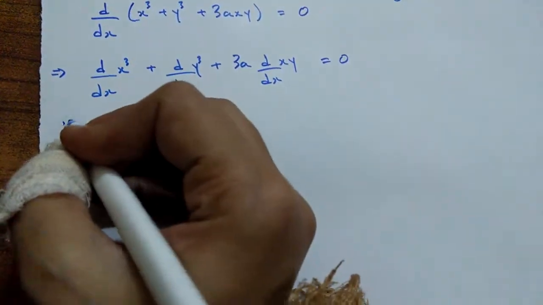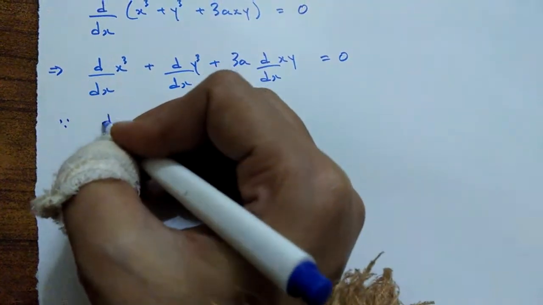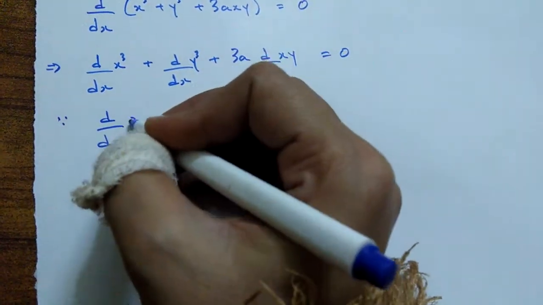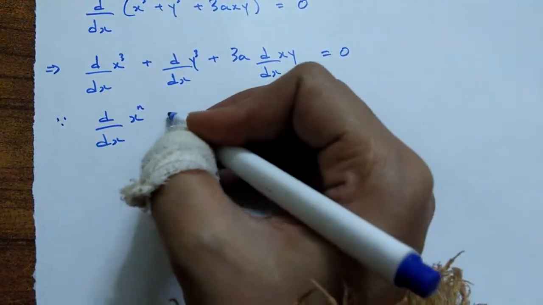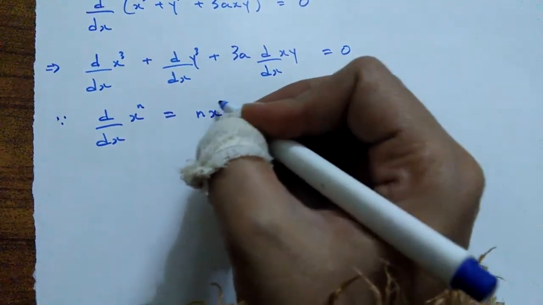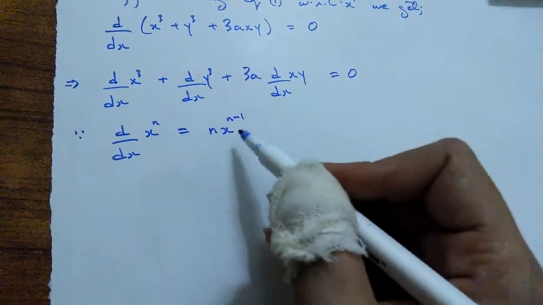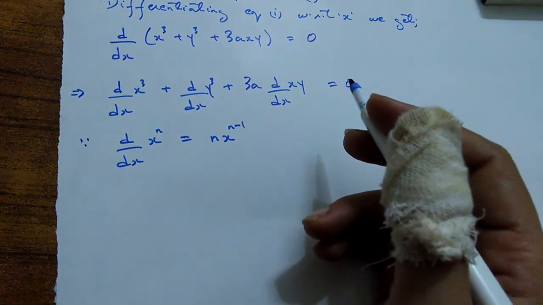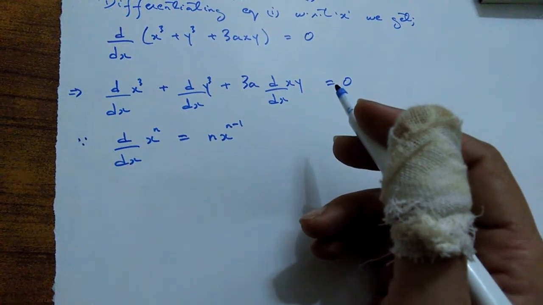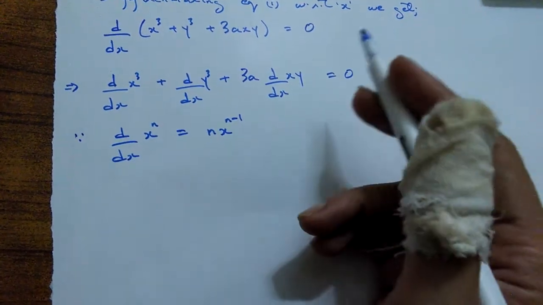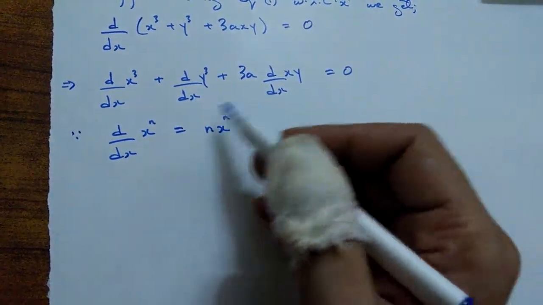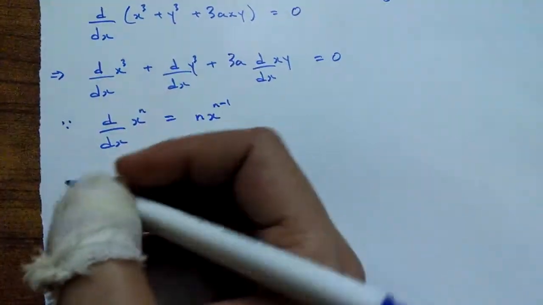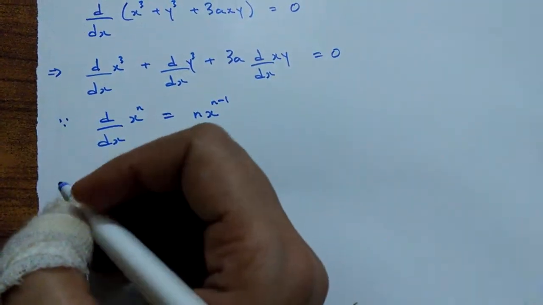Now over here you are well aware you are going to use the formula of x to the power n, which is nothing but this. We have proven this formula in my previous video that deals with the ab initio method, how to find the derivative through first principles. Over there we have derived this thing. You can see it if you want to, the link is in the description box.